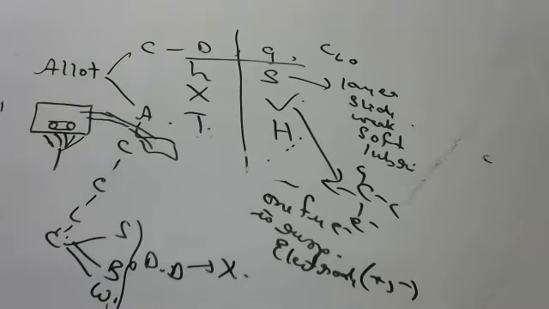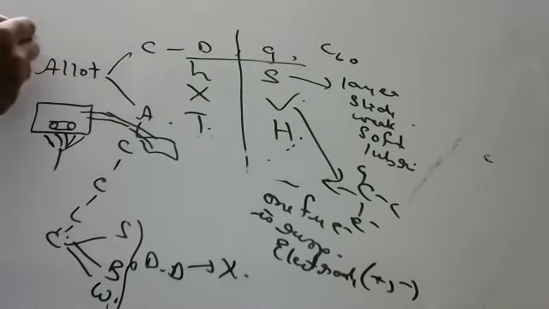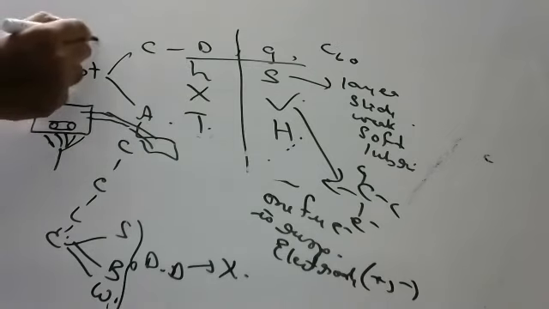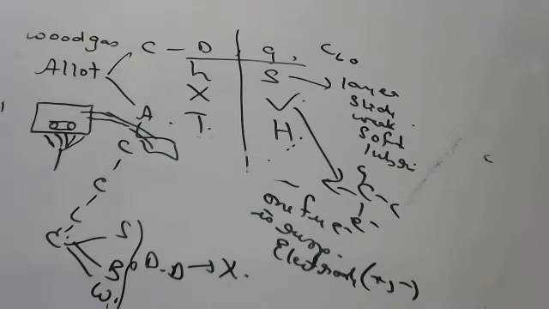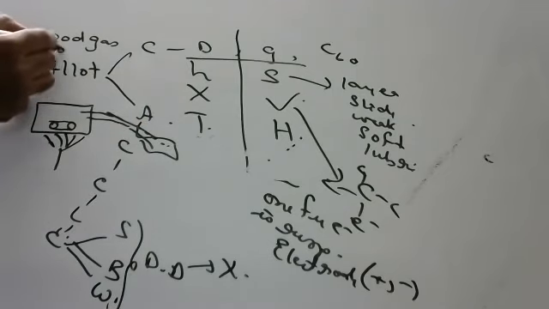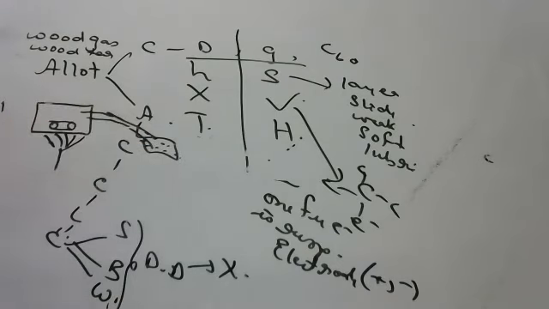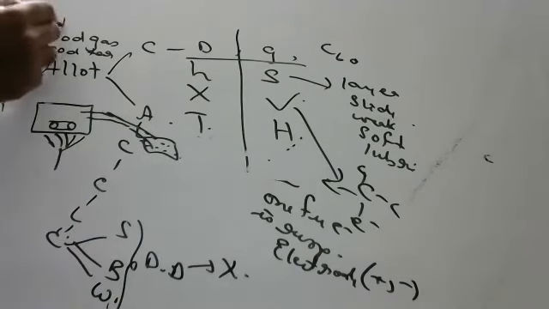Okay, children. Now, when you are heating this, what happens? Wood will liberate wood gas. Wood gas will come, and it also liberates wood tar. Wood tar will also come and get settled here. And charcoal.